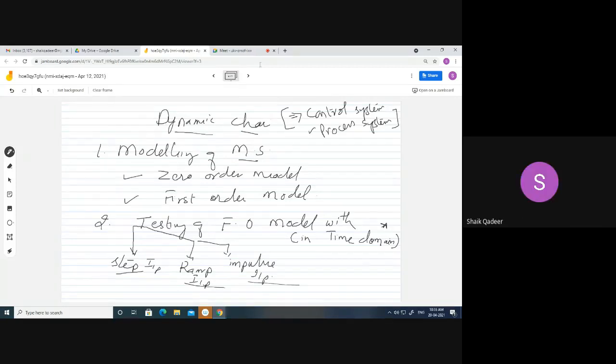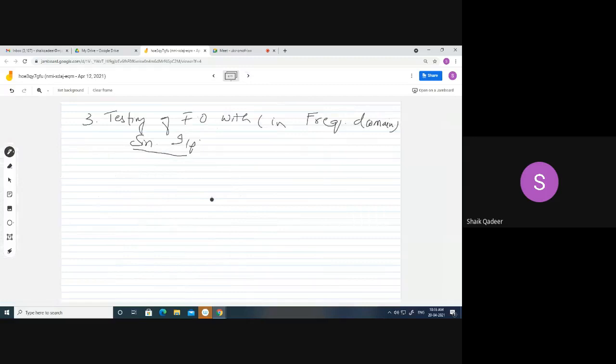Next, the last thing under the dynamic characteristics of measurement system is testing of the first order system with only one excitation, that is sinusoidal input, but this happens in the frequency domain. I already told you what time domain and frequency domain are.